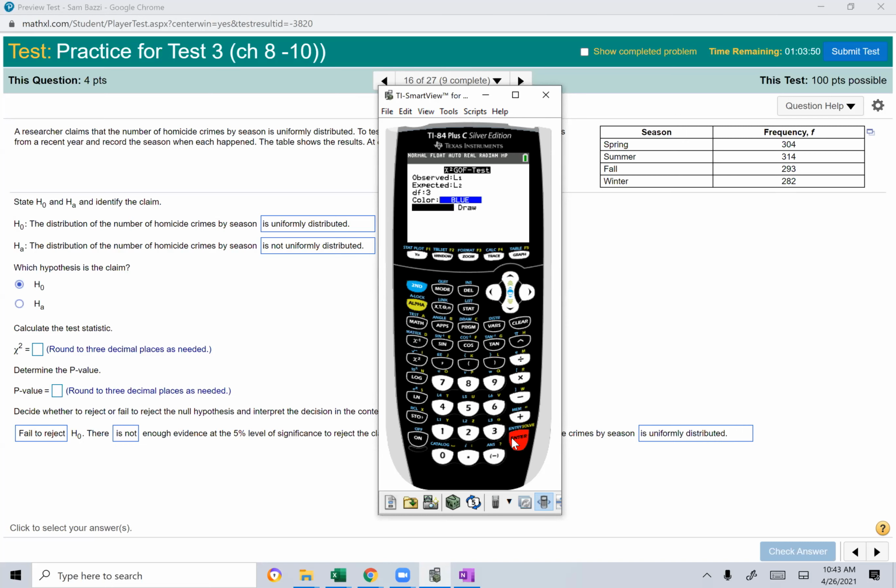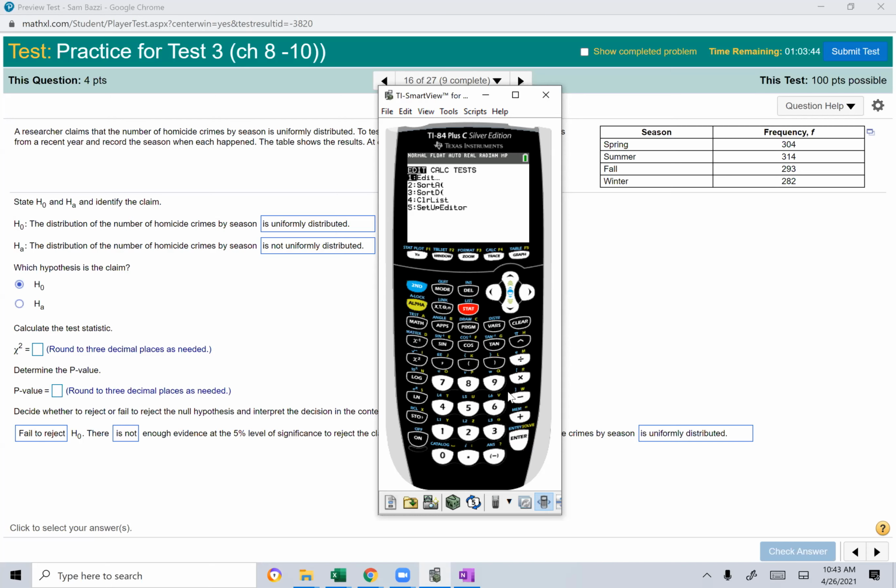Professor Bezi, I'm kind of confused how you got L2. Oh, L2, look. Let me just go back to it. Okay. He's asking you to test the claim that the distribution of crimes is uniform among seasons. Uniform means that the crimes are the same. They have the same number of crimes in spring, summer, fall, or winter.